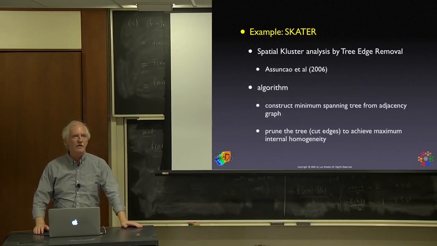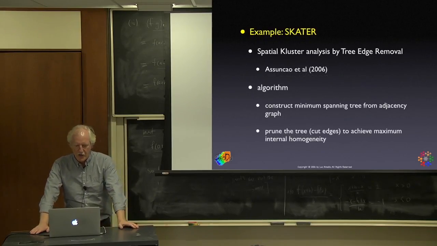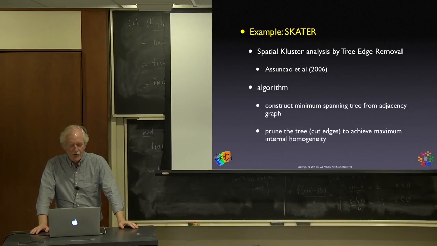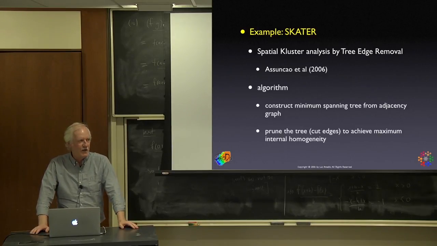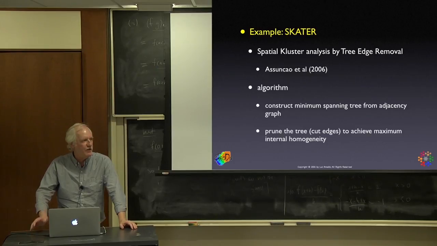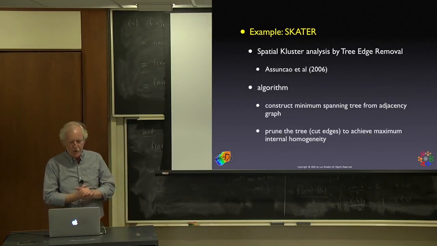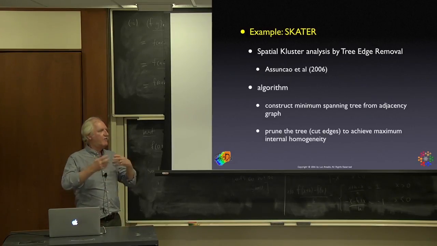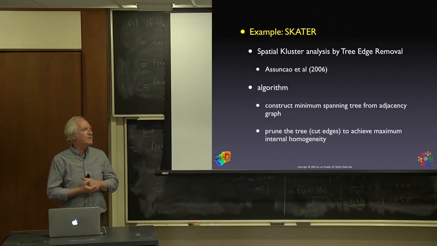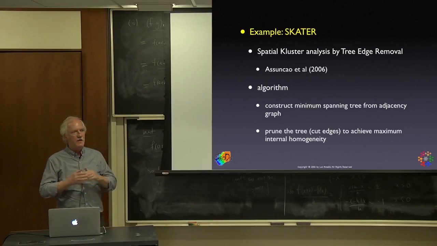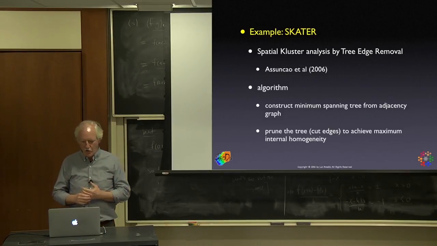So just to illustrate this, the Skater cluster analysis stands for spatial cluster analysis by tree edge removal, with cluster misspelled, and I have no idea why. That's the title of the article. Besides the fact that it's in R, the reason that I like to talk about it is it introduces a couple of graph theory concepts, and these are good concepts to be exposed to if you don't know them already.